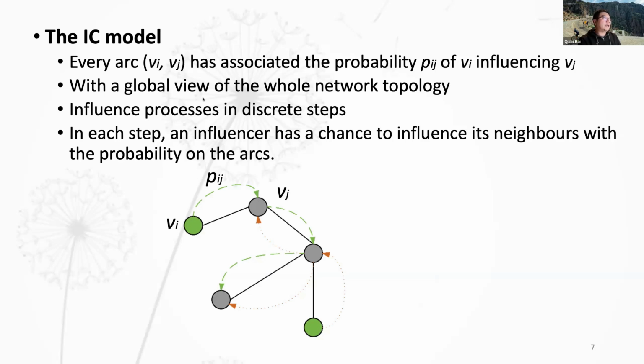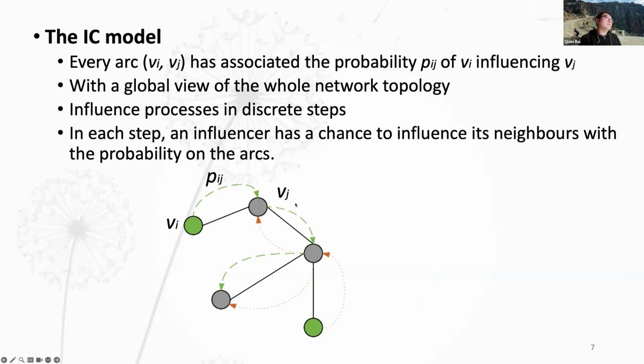What they assume is that each V represents a user, or a person, in a social network, and between different nodes there is a probability that one user can influence a neighbor of the user. For example, Vi has a probability Pij to influence Vj.